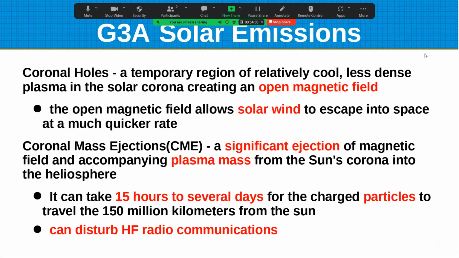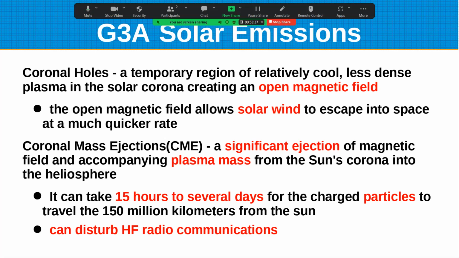Solar emissions: there's coronal holes, where you have a spot on the sun that's relatively cool, and it allows part of the magnetic field to escape. And that can affect the magnetic field on the Earth as it escapes from the sun.